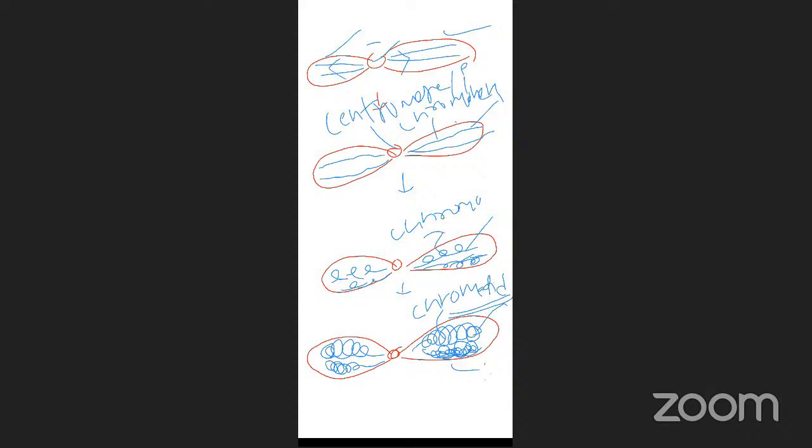The centromere has a specific DNA sequence, the repeated DNA sequence, covered by protein structure. This is called the kinetochore disc.